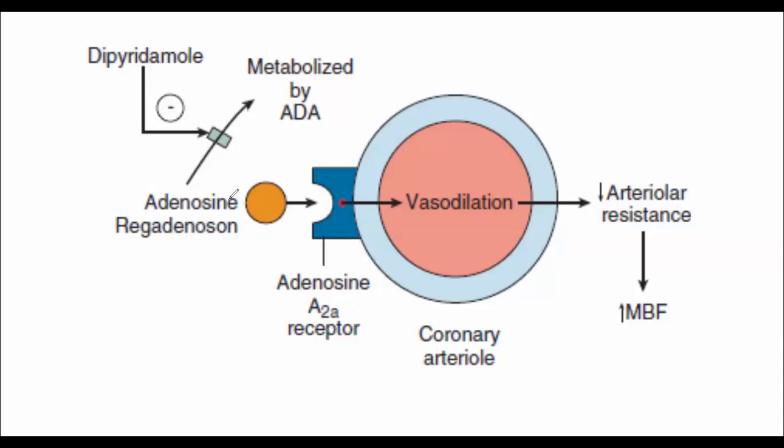As we inject it, it also acts on the bronchioles and is going to produce bronchospasm in susceptible individuals. So the main advantage of regadenoson is that it is very selective and only acts on the coronaries, whereas with dipyridamole, adenosine accumulates and can also provoke bronchospasm.